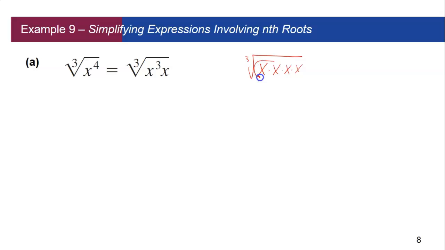Here I have a group of size 3, and then I have this one that's left over. So this group is going to come out from underneath the radical. When it comes out, I'm going to have just a single x. I'll still keep my cube root, and then I have this leftover x here. So it's going to simplify to be x times the cube root of x.